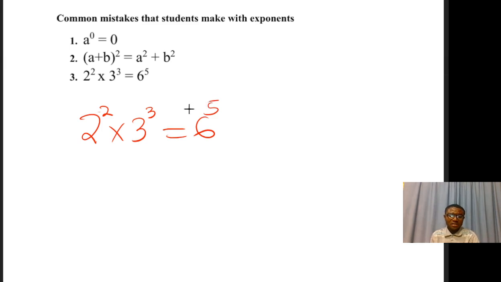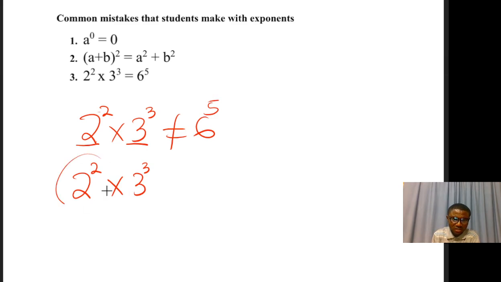These are common mistakes. So to add these powers, this base and this base must be equal. If they are not equal, then solve them independently. That is to say, to solve this correctly, this is supposed to be 2 to the power of 2 multiplied by 3 to the power of 3.